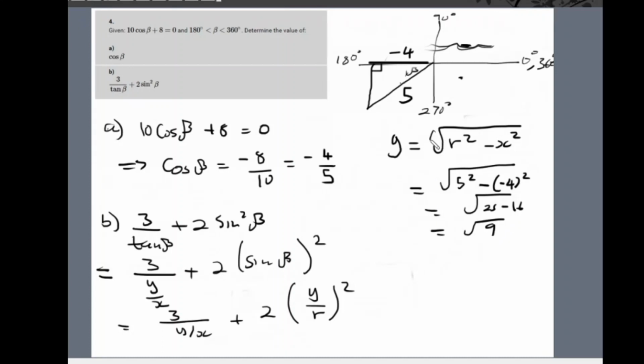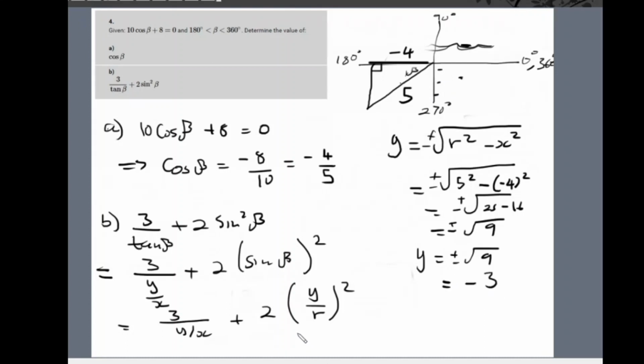So y is equal to plus or minus the square root of 9, but because we are in the third quadrant, which means we are falling in the negative y-axis, the values of y are negative, so we'll have y as -3.